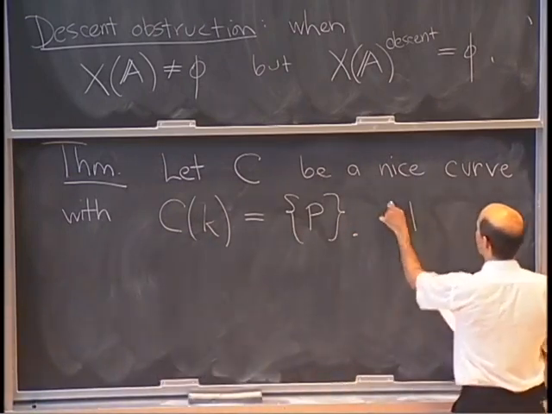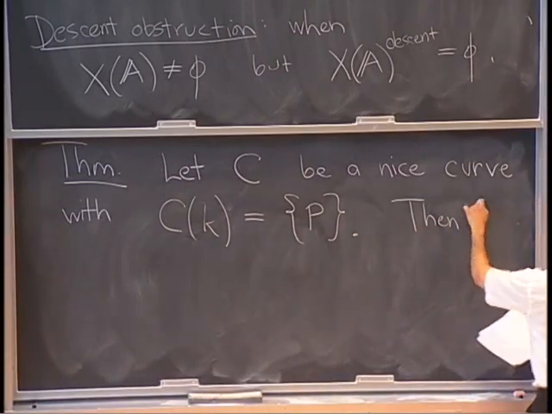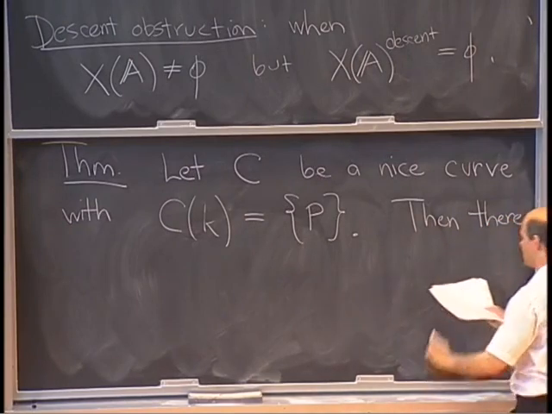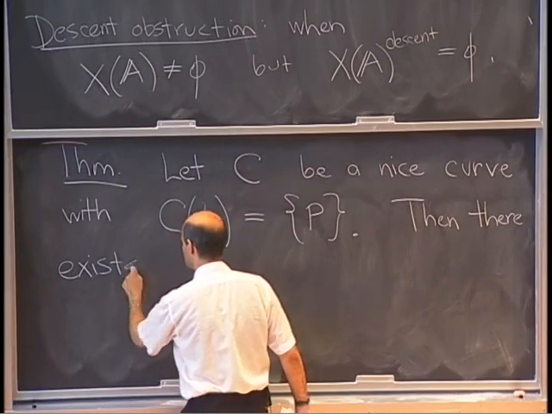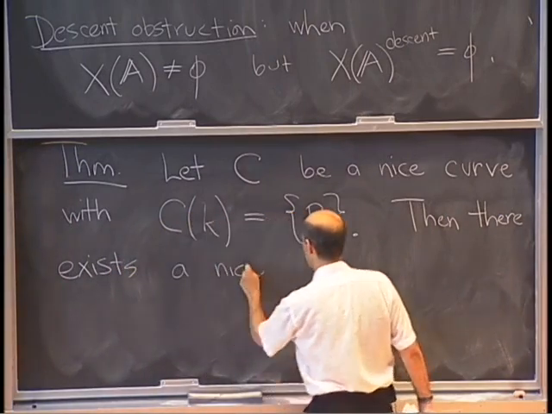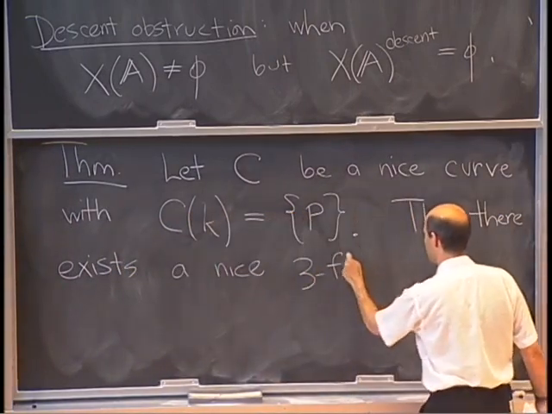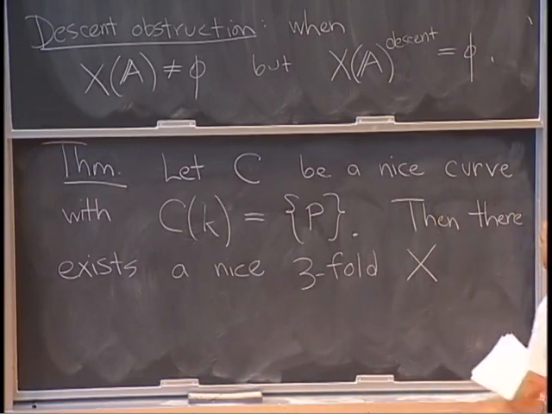So then, on top of this, I can build a three-dimensional variety X with the following properties.